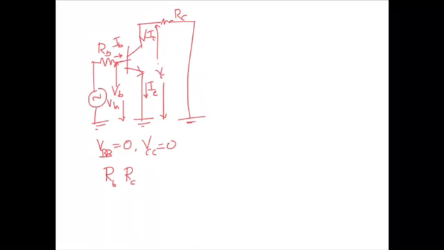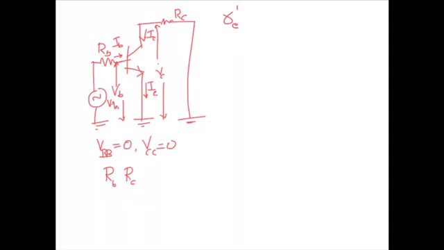In this characteristic diagram, the forward biased base emitter junction exhibits a very low resistance to the AC signal Vin, and this internal AC emitter resistance we designate as RE bar.